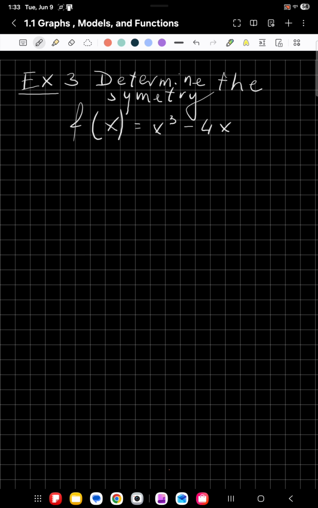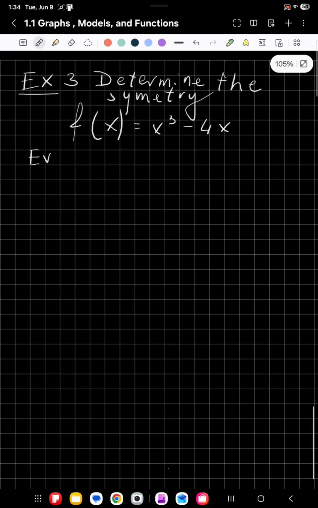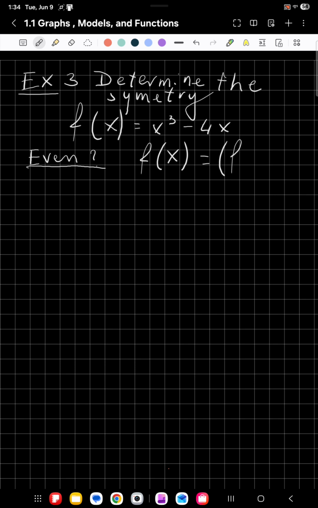Okay, so let's start with maybe whether the function is even. And so we're trying to answer the question, is this function even? And the condition for that was f of x was supposed to be the same as f of negative x.